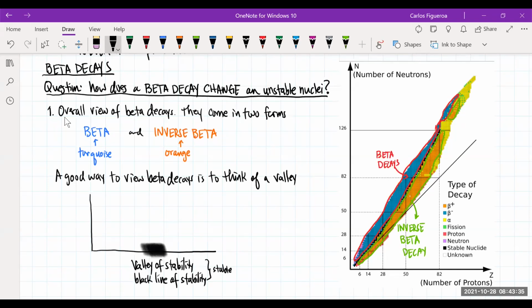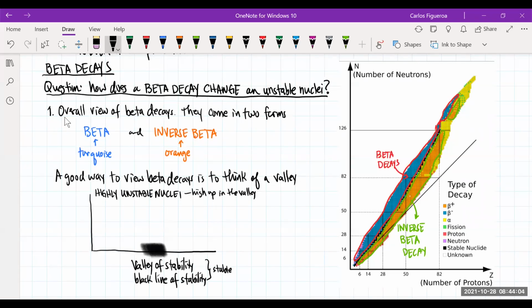So we could imagine that we have a valley. If you're high up in the valley, this is where you have highly unstable nuclei. You're very unstable. If you have a rock, what's going to happen to the rock? Well, it's going to roll down.